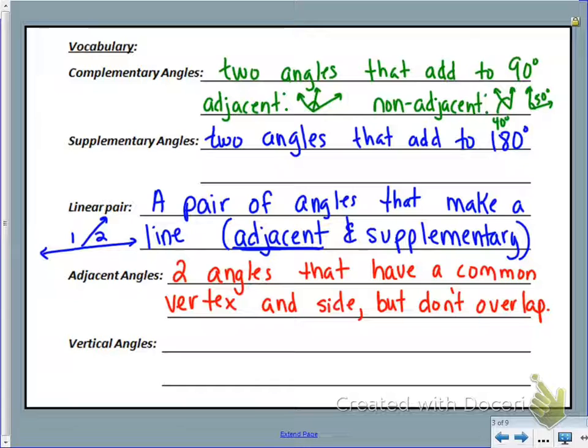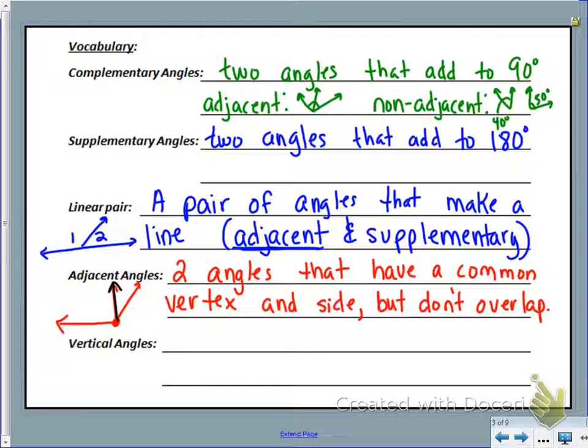So you can have adjacent angles that aren't complementary and aren't supplementary, but still fit that definition. So for example, these two angles may not have a special relationship of adding to be 90 or 180 degrees, but they're still adjacent angles because they share that common vertex and the common side length here. And there's no overlapping going on.